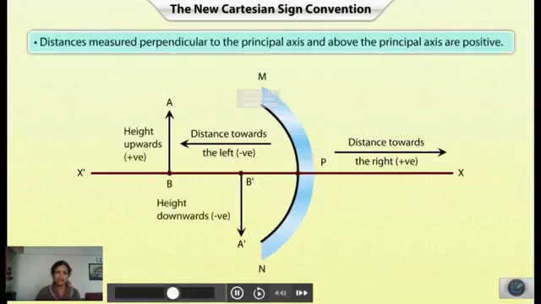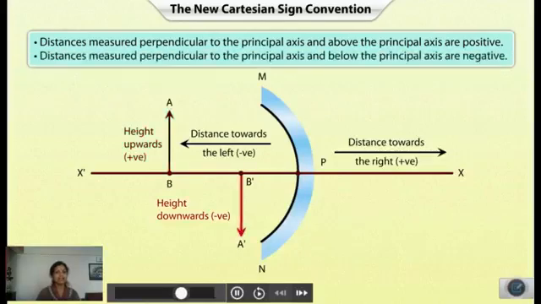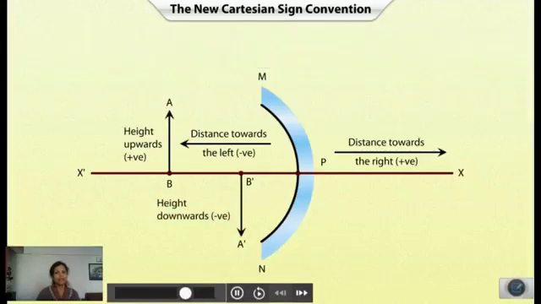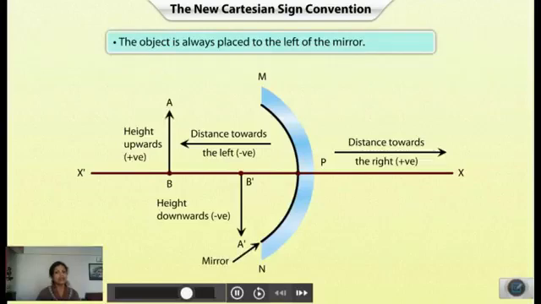Then you know that when we keep the object in front of the mirror, it is the distance towards the left side. Then the distance measured perpendicular to the principal axis in the upward direction is taken as positive, and the distance measured perpendicular to the principal axis in the downward direction is taken as negative.